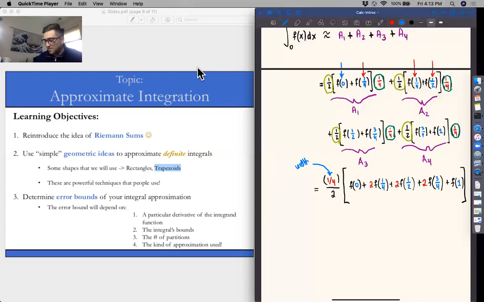And then we have the endpoints evaluated 1 time each, but then these middle points, we multiply each of their values by 2 when adding them together. So we'll see this formula come up in class, but this is the big idea for trapezoid rule, computing the areas of individual trapezoids and then adding them all together.